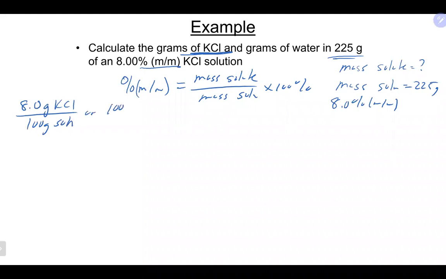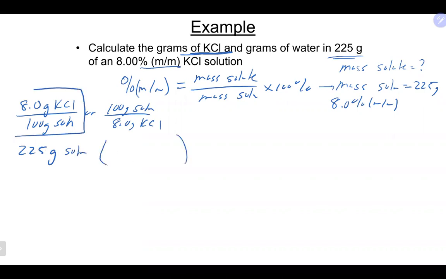Since we do have the mass of our solution, we could set it up as a dimensional analysis problem. 225 grams of solution. We want the solution to cancel, so we'll use our conversion factor, which is really the same math. If you plugged it into the top equation, you'll end up with the same math.